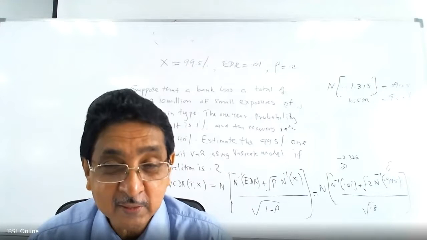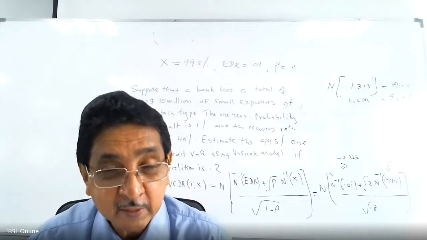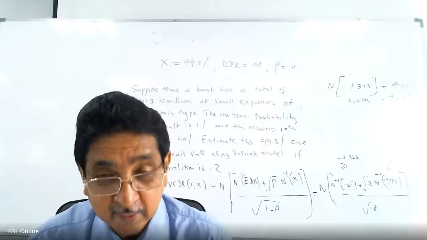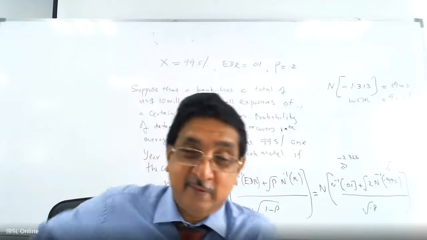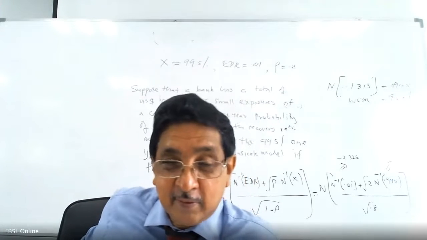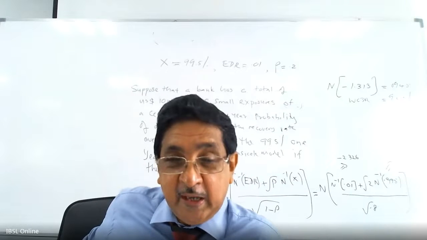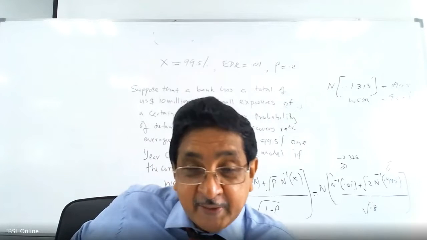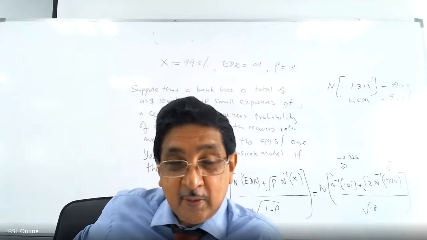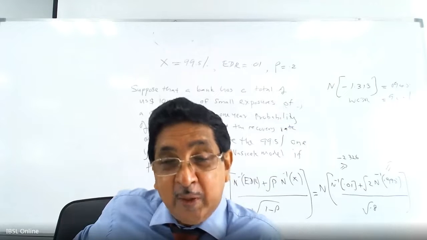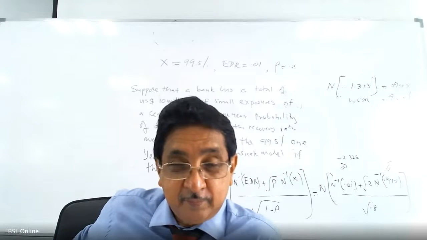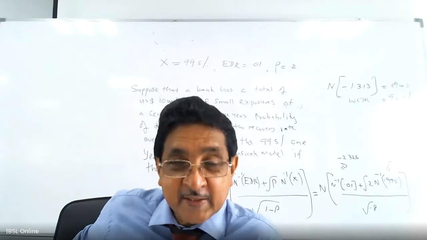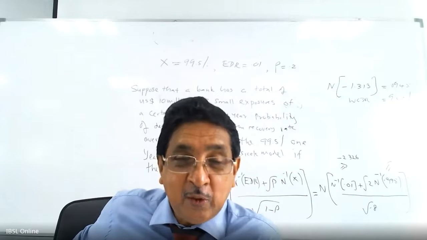If I ask to do a calculation for a VAR at a confidence level of 99.9%, can you give an idea about the VAR, the value of VAR? Would it be higher or would it be lower? Would it be lower or higher?